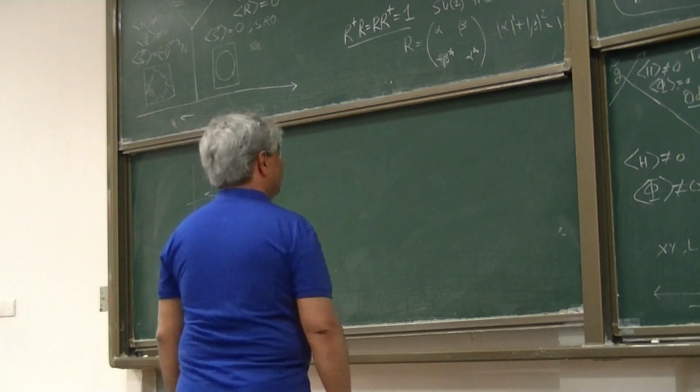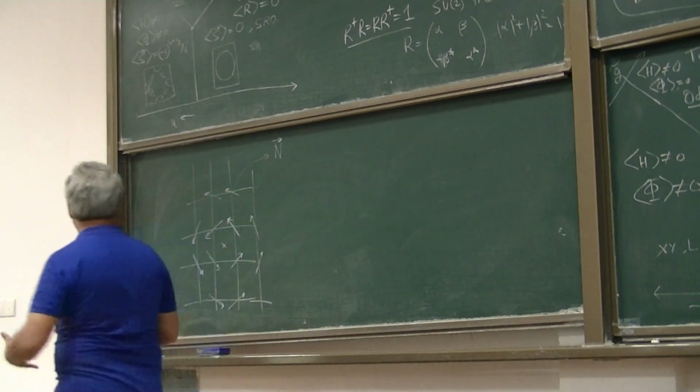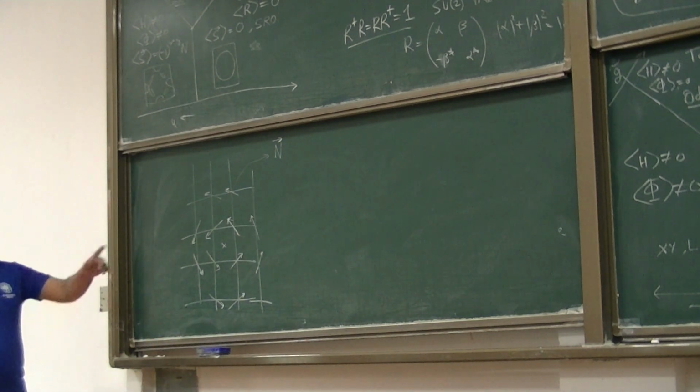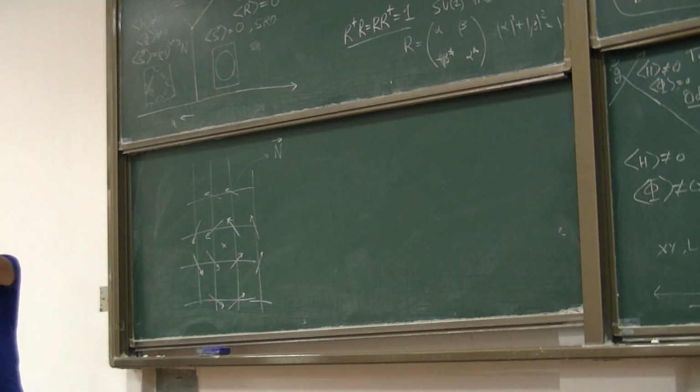We want to transform to a rotated reference frame. You perform a rotation so that n goes back to uniform. Okay?